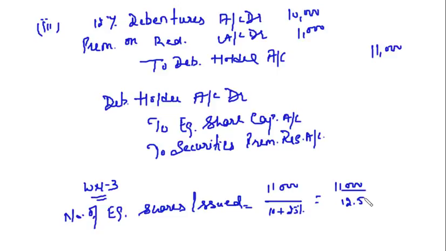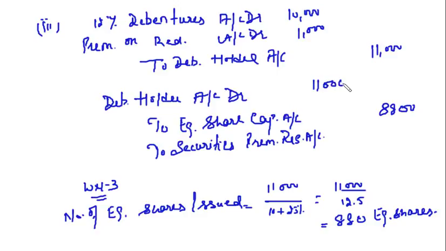Right? Is this clear, friends? So how many equity shares? 880 equity shares. Now you can find out 880 multiplied by 10.